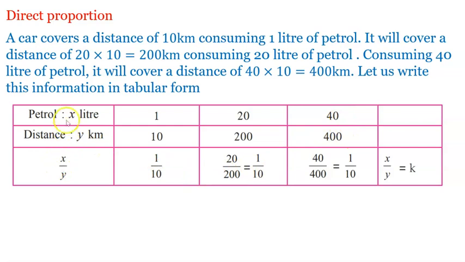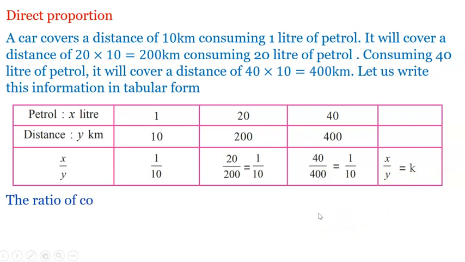Now a ratio, that is x upon y, petrol upon distance. x upon y is equal to 1 upon 10. Next, 20 upon 200, then you will get 1 upon 10. Next, 40 upon 400, you will get 1 upon 10. Okay, and overall x upon y is equal to k.